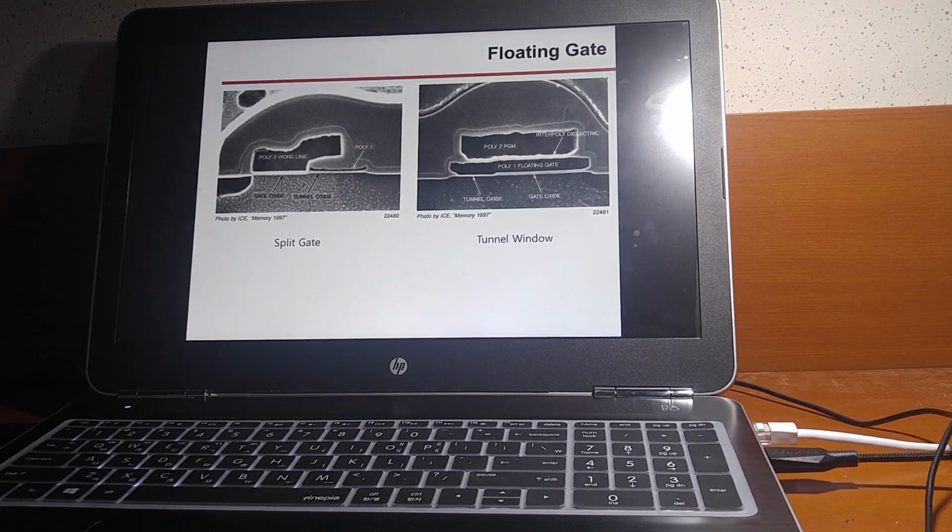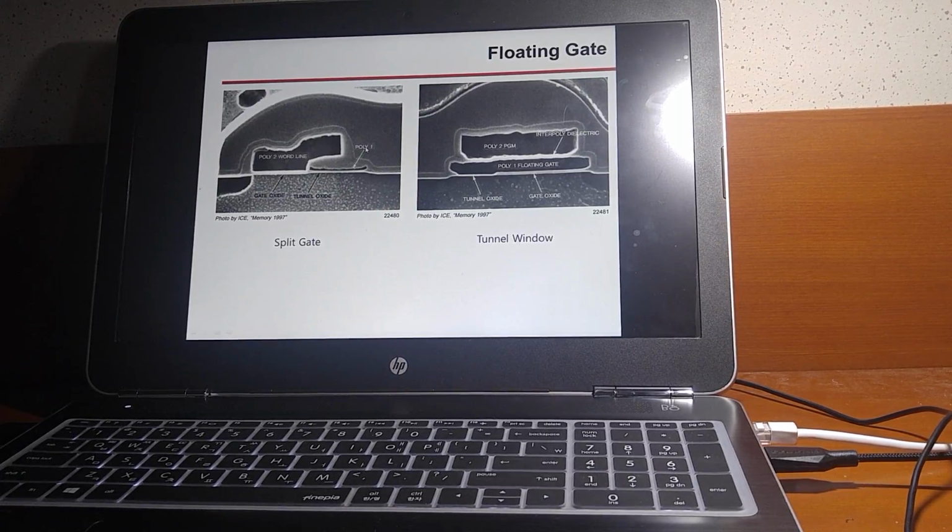And this is the floating gate structure. The floating gate structure is a very old technique. The left side is the old one, which we also call split gate. But it was really hard to realize or engineer.